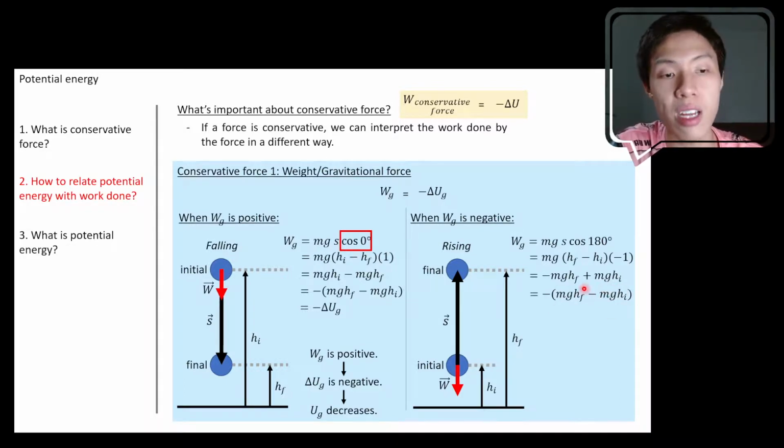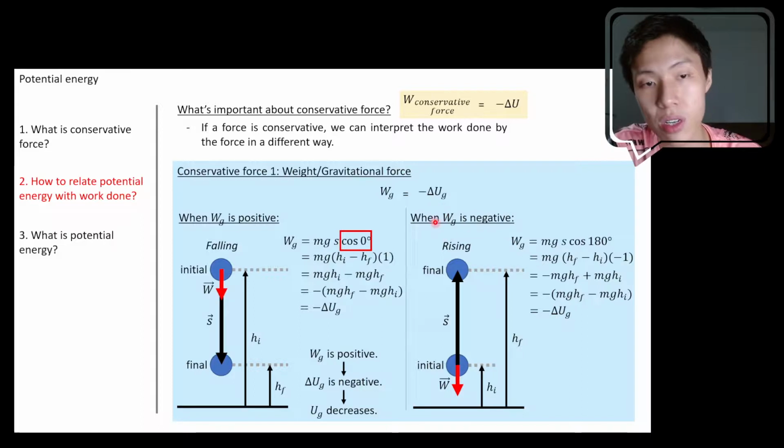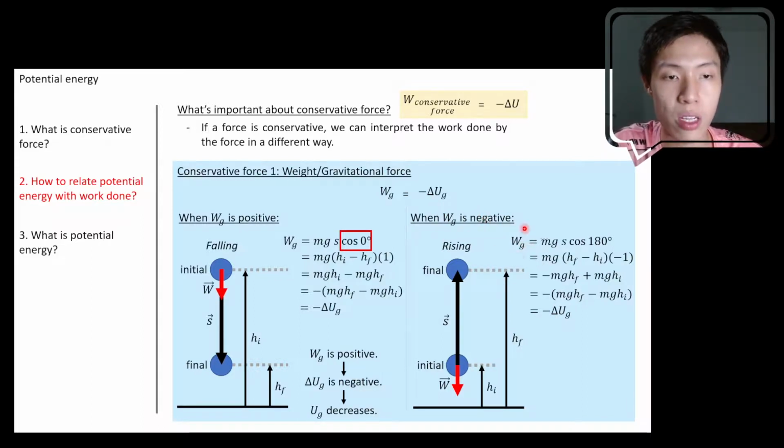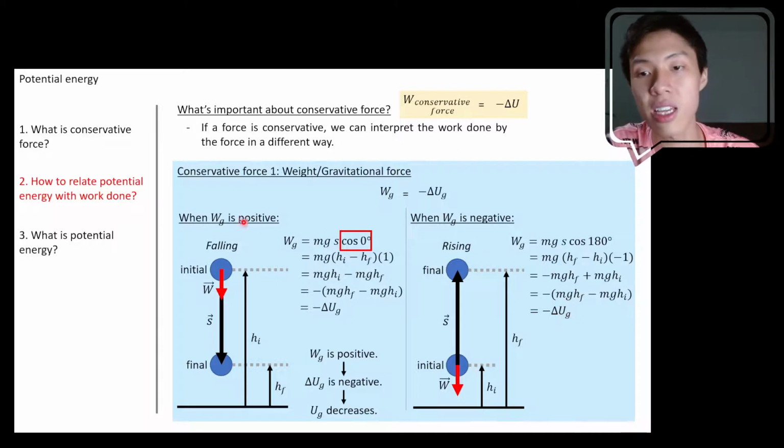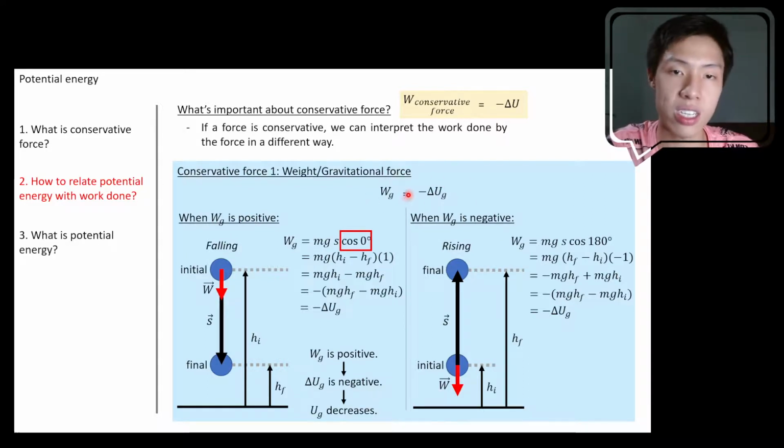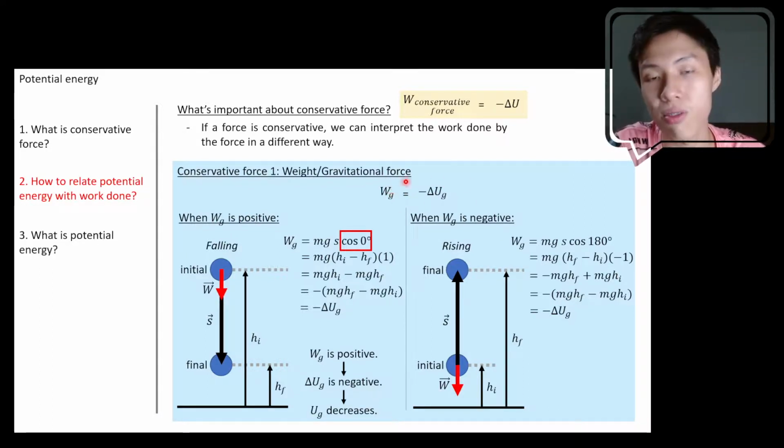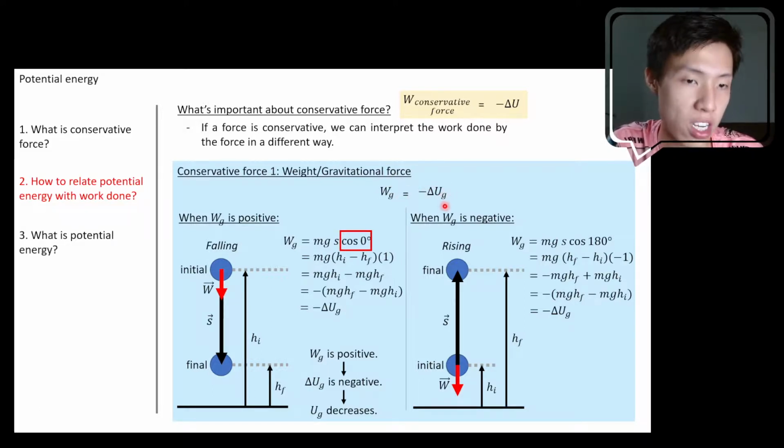So what we have inside the bracket here is just the change of gravitational potential energy. So now we see that even if our work done by gravity is negative, we can still come to the same conclusion that the work done by gravity is equal to the negative of the change of gravitational potential energy. So no matter whether our work done by gravity is positive or negative, it always follows this equation, where the work done by gravity is equal to the negative of the change of gravitational potential energy.